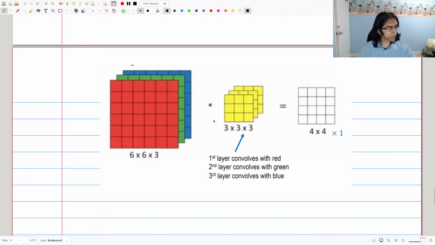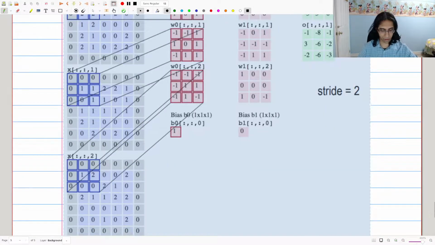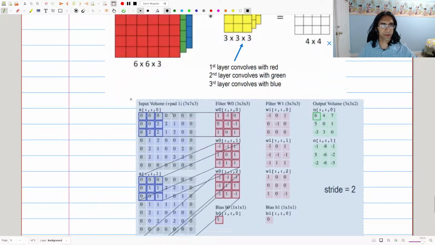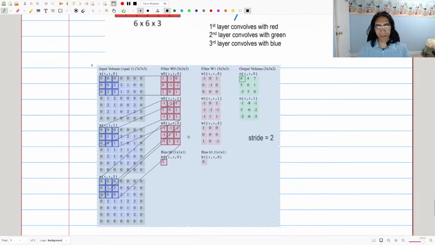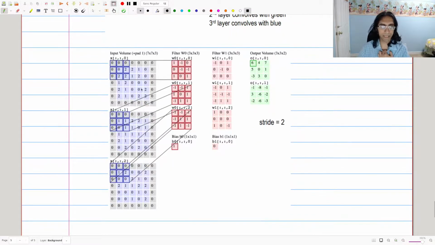Good. So just to really hammer it home, here's another thing from, I think, CS 231N, which shows an illustration.